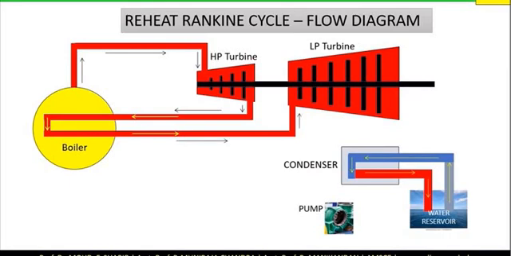Here the steam expands. In the turbine, the heat energy is converted into mechanical energy, which is again converted into electrical energy using generator. After expansion, the steam is passed through the condenser for condensation. After condensing, the water is now passed to the pump.